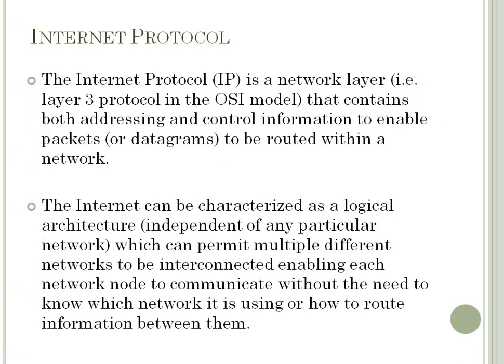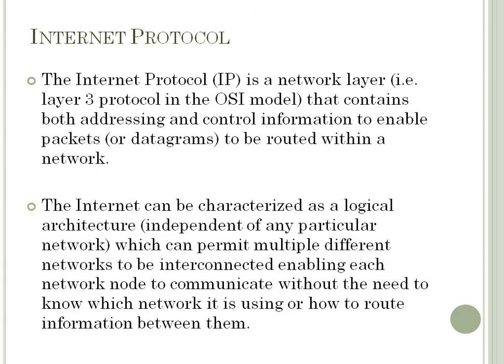Internet Protocol. The Internet Protocol is a network layer, that is the layer 3 protocol in the OSI model, that contains both addressing and control information to enable packets to be routed within a network.